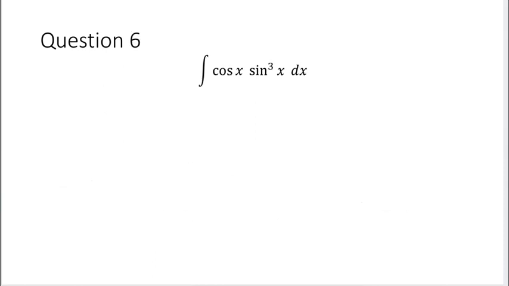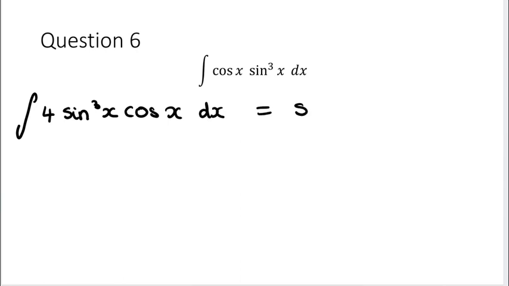That's a very similar result to what we're trying to integrate. So, earlier, we pretty much proved this result. We proved that if we differentiate sine to the power of 4, then we get 4 sine cubed cos x.